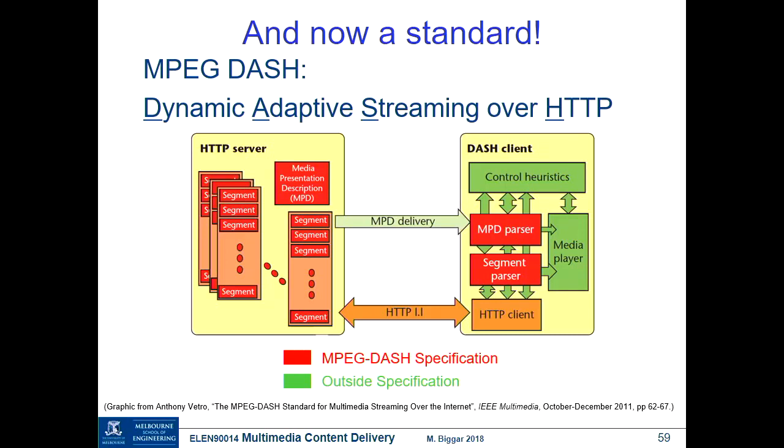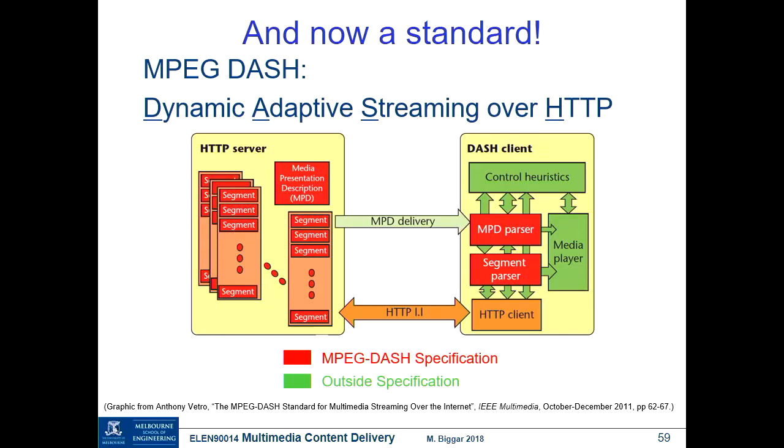So DASH doesn't standardize the media player. It doesn't standardize how you decide at what point you stop requesting chunks of data because the playout has paused. Right? That's up to the client.